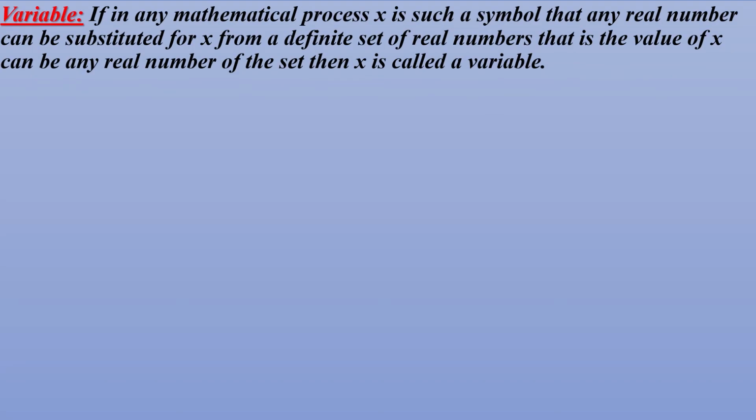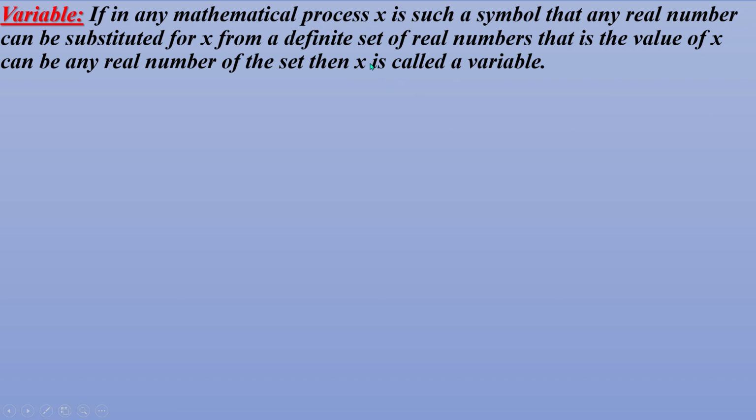Variable. If in any mathematical process x is such a symbol that any real number can be substituted for x from a definite set of real numbers, that is, the value of x can be any real number of the set, then x is called a variable.